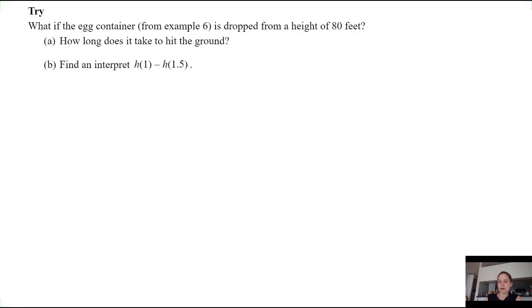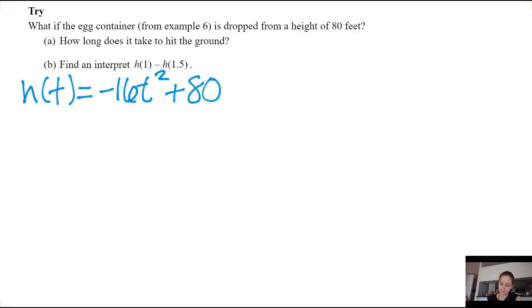If the container is dropped from a height of 80 feet, our function will be h of t equals negative 16t squared plus 80. How long does it take to hit the ground? So we'll plug in a height of 0 and solve for t.